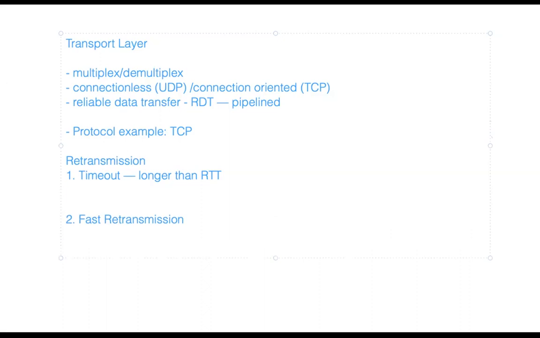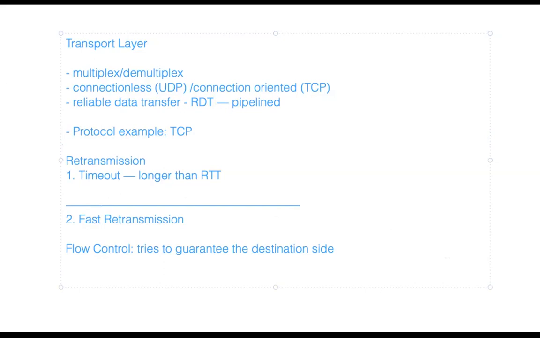So this is today's job. We will do fast retransmission, and we will also do flow control. Flow control tries to guarantee that the destination side has enough space, enough buffer, to hold the data.